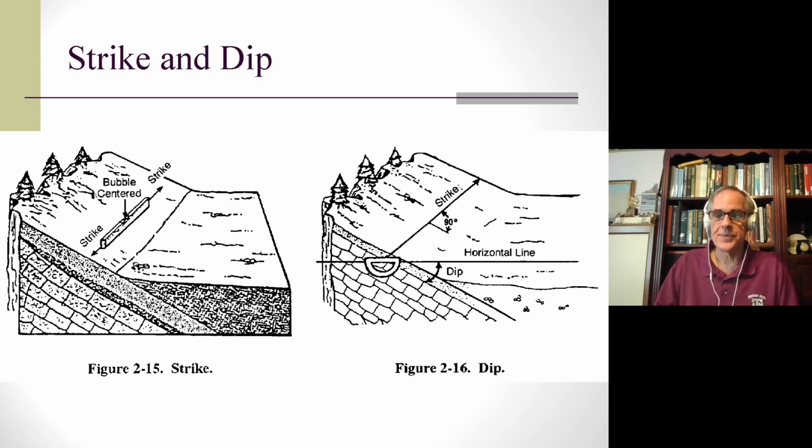The dip is the slope of the formation going down from the strike. So they don't really measure the same. They don't measure it in the same plane. The strike is more or less in the plane of the Earth's surface, and the dip is actually perpendicular to that surface.